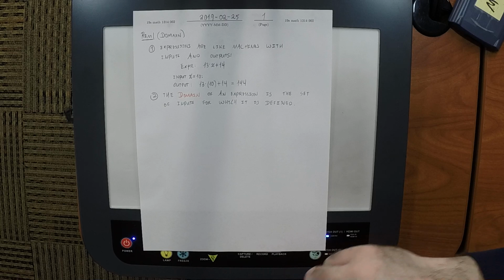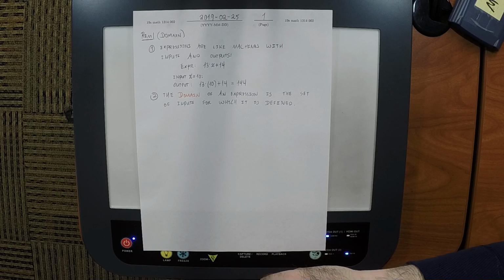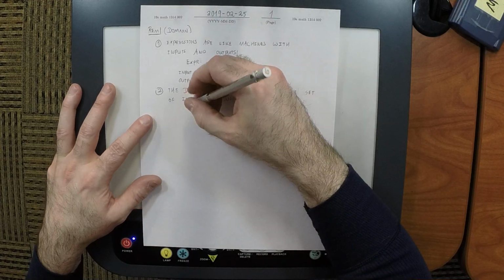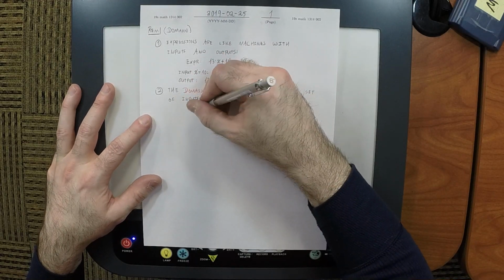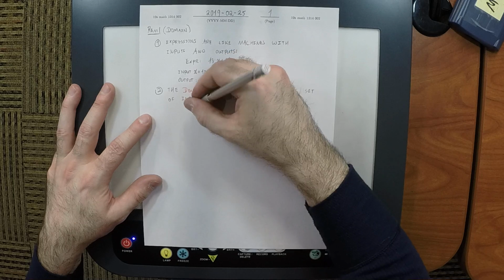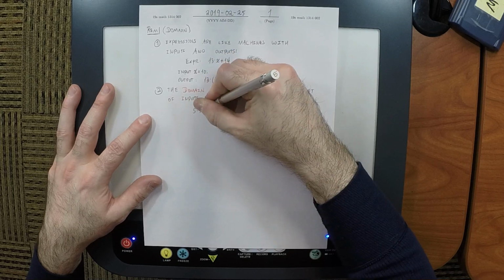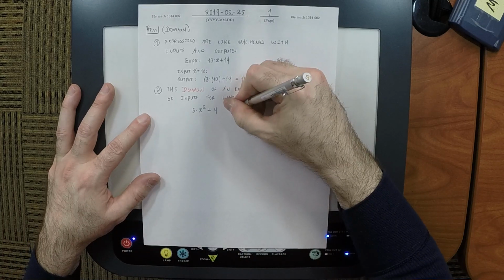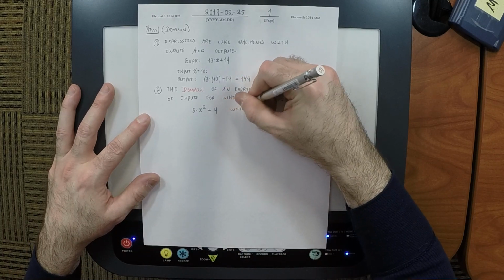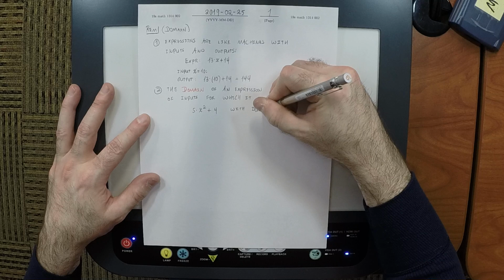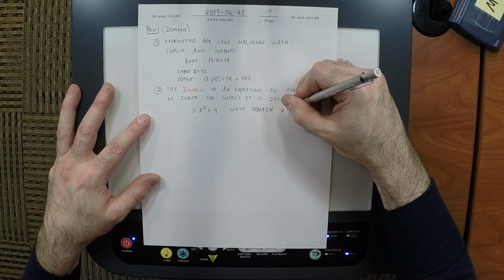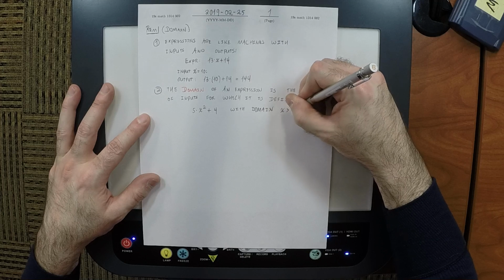Okay. So, to give an example, how about 5x squared plus 4 with domain x greater than 2.